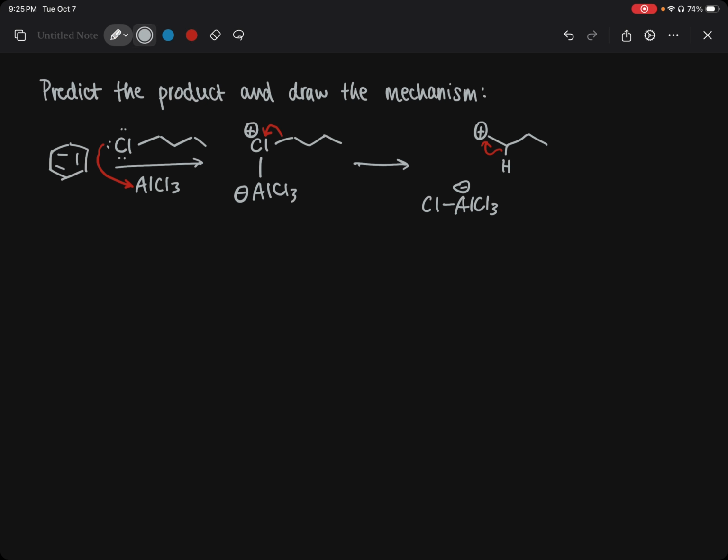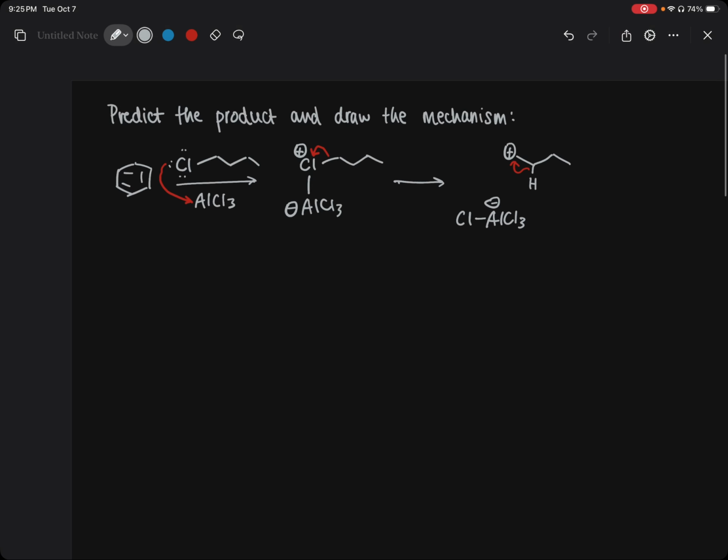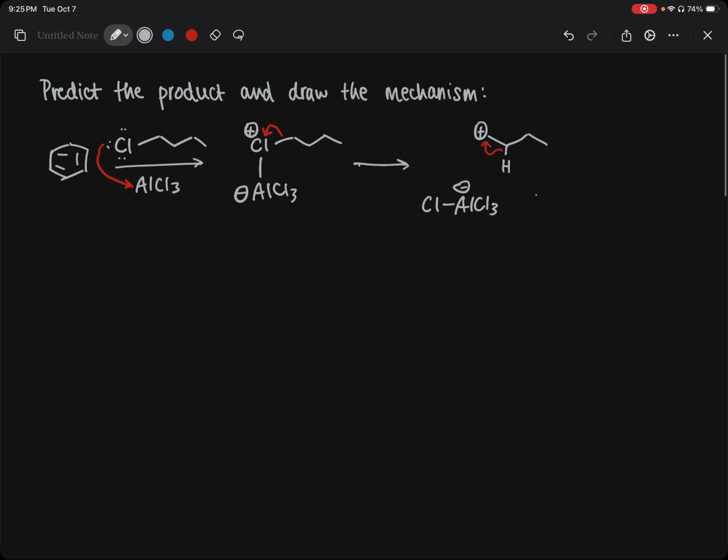And so this is a hydride shift. We're just going to move the hydrogen over onto the next carbon. So what's that going to look like? Well, our new carbocation is going to look like that. And the hydrogen atom that we moved is just going to be right there on that carbon now.